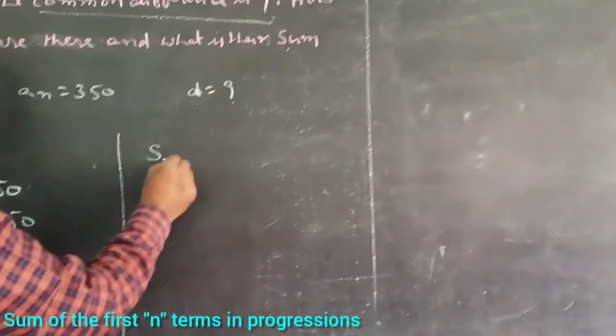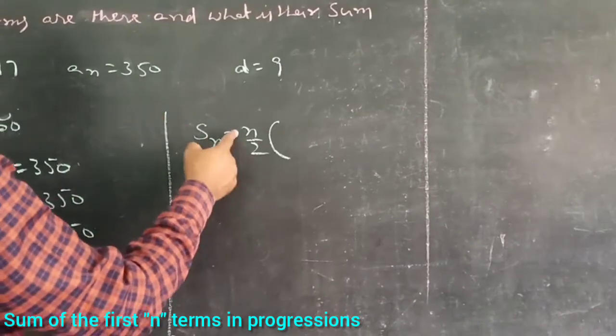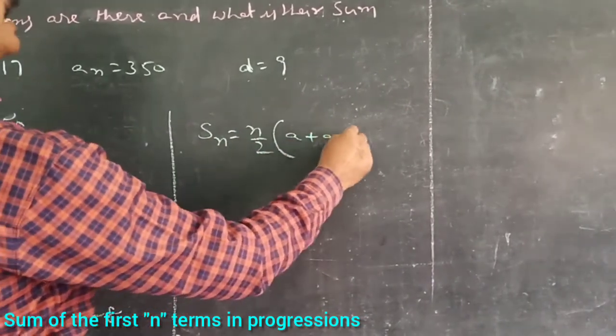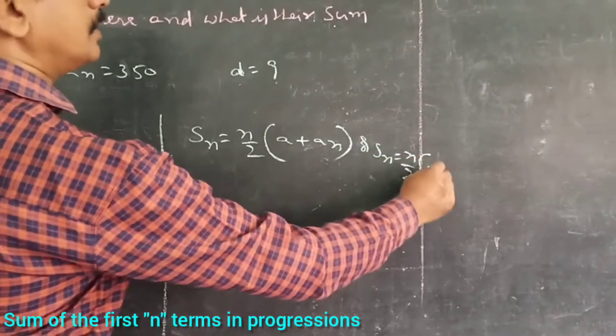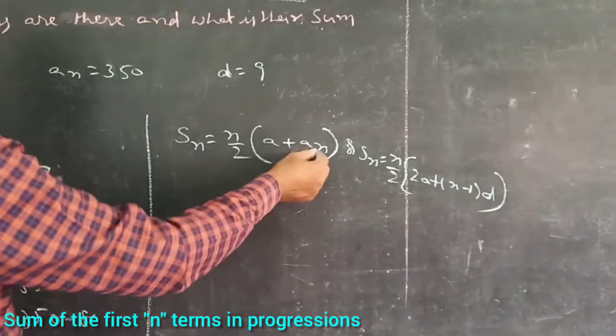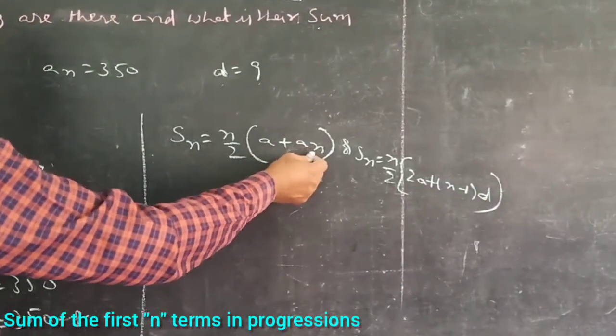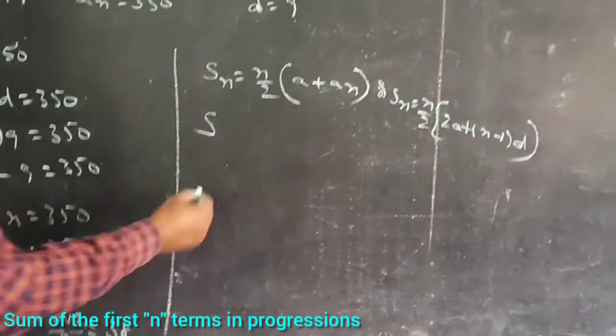S38: Sn equal to n by 2 into (A plus An), or Sn equal to n by 2 into 2A plus n minus 1 into D, either one. Here we know the last term, so apply these values. How many terms are there? 38 terms.